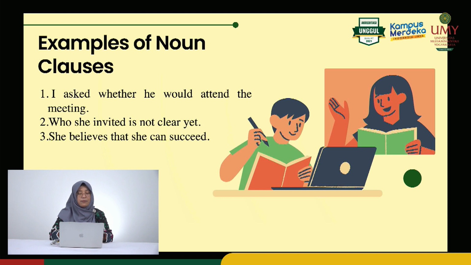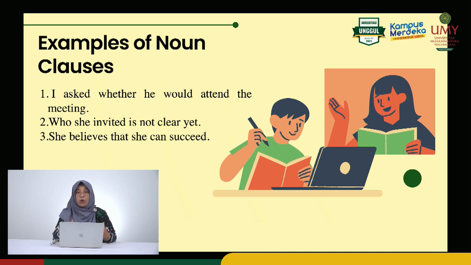And the second example is, who she invited is not clear yet. Who she invited is functioning as a noun clause with the role as the subject of the sentence. I want to take a note on this one. Some people say who she invited as something very common in informal conversation.